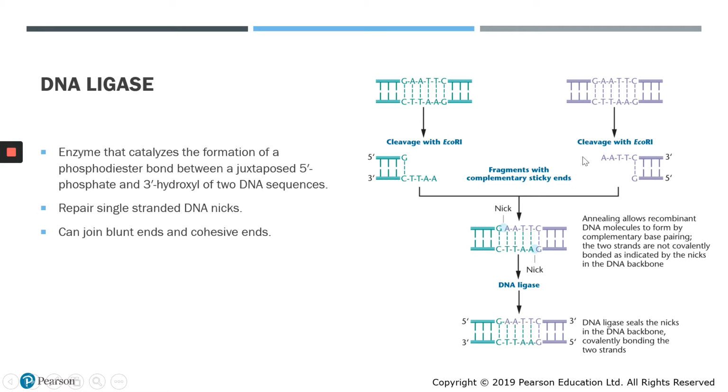These complementary overhangs can align with each other. However, the covalent bond or phosphodiester bond can only be created when a DNA ligase is introduced into the reaction. The DNA ligase can then repair what is recognized as nicks in the backbone and seals the two fragments, thus covalently bonding the two strands of DNA.